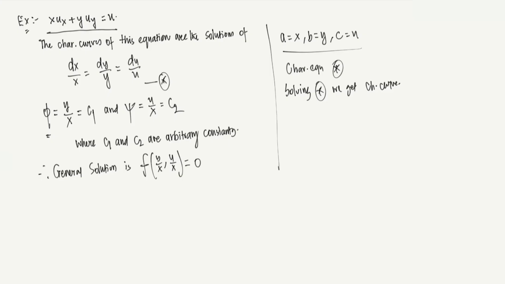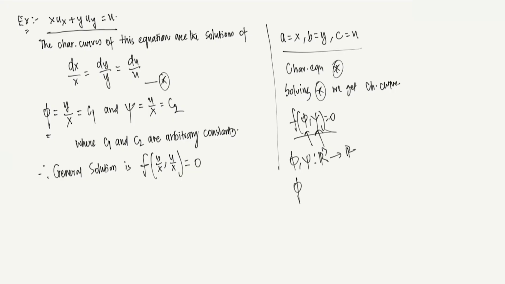You remember x, y, u are functions of some parameter t, and this actually is on the curve C, right? So our general solution is f, an arbitrary smooth function, f of phi psi equals to 0. Now this phi and psi, we don't know what they are. Only thing we know is phi and psi are from R3 to R. What is the property of phi and psi?